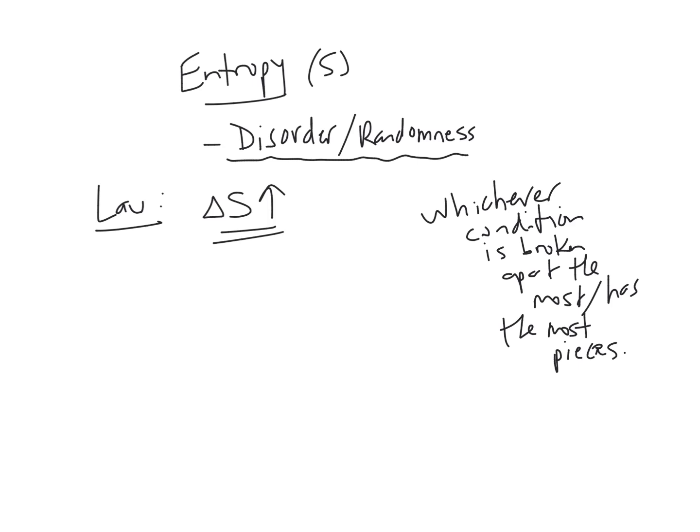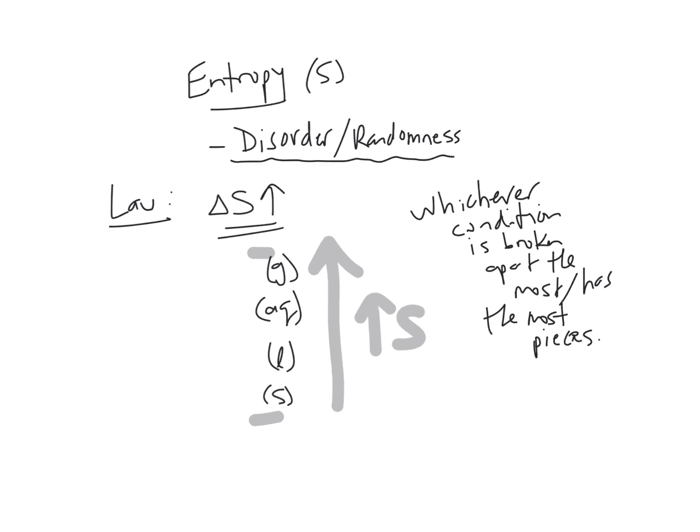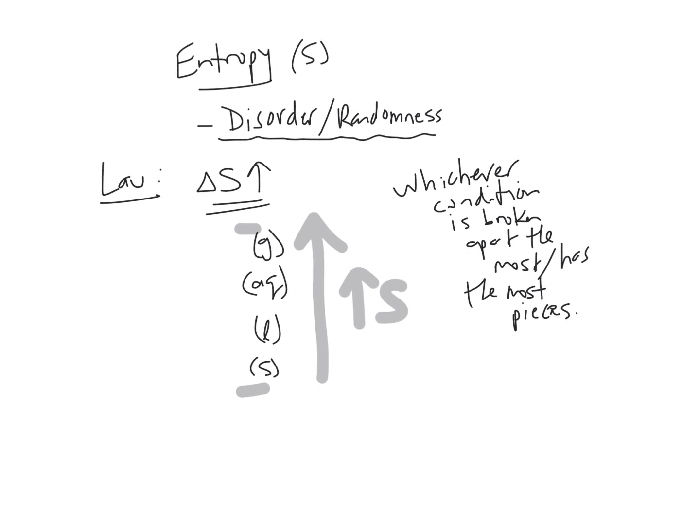So what that ends up looking like is something that's a solid actually has less entropy than something that's a liquid, which actually has less entropy than something that's a gas. So we can draw this little chart where we see an increase in S as we go from solid to gas, okay? So practically what it means is that whichever condition has more gas particles is also going to have a greater entropy.